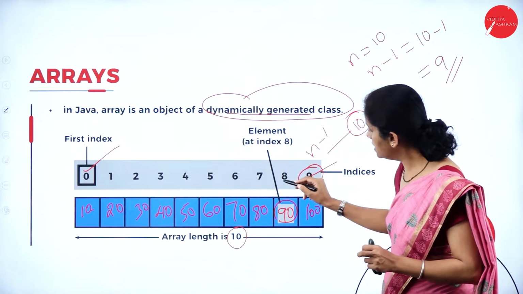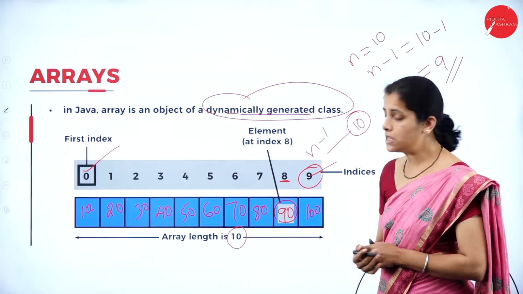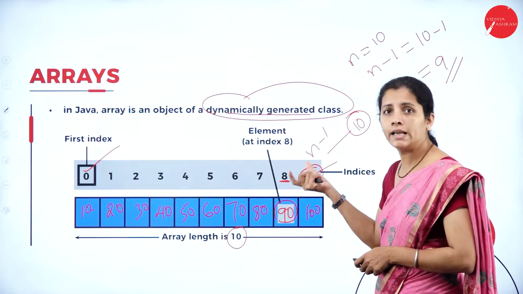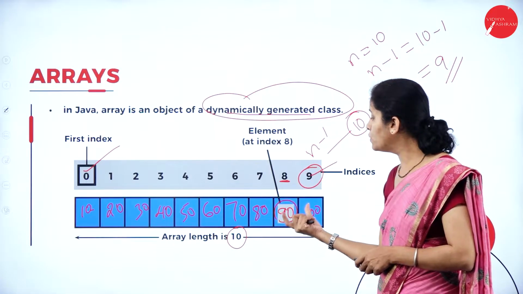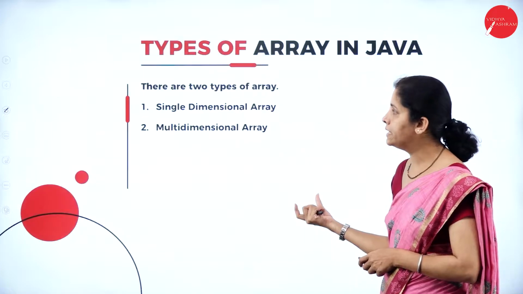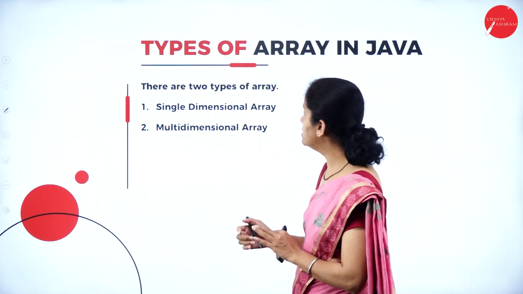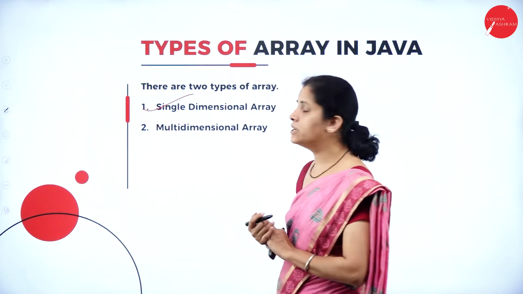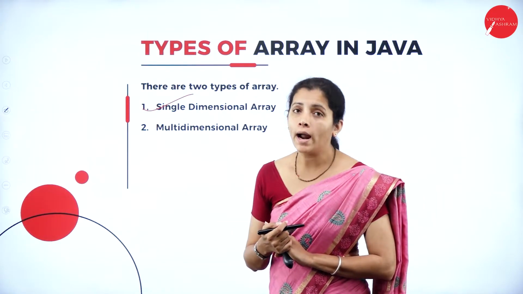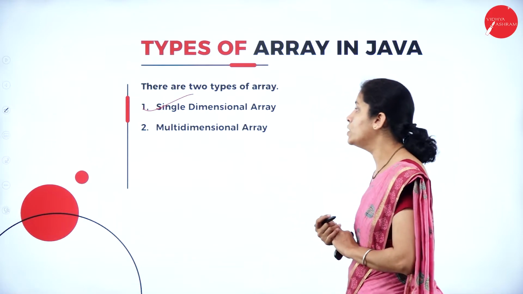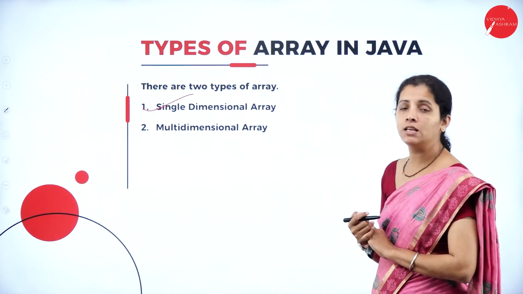See here, this is my array index, and with the help of index 8, I can access the element 90. Now, I have two types of arrays: single dimensional array or one dimensional array, and multi-dimensional array.